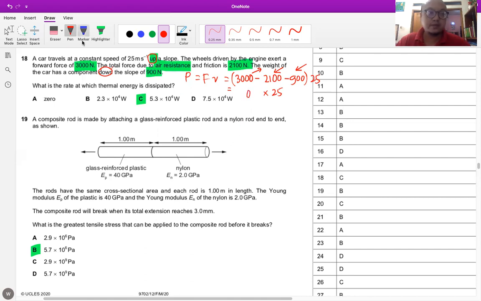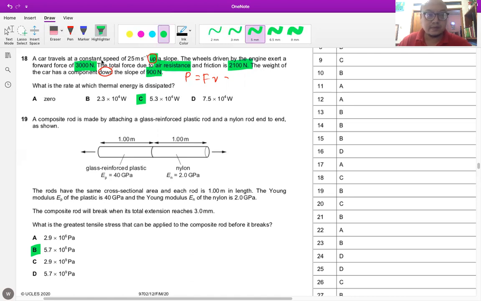No. Oh, sorry. Okay, I am back again with you. This is about the wheel driven by the engine, air resistance and friction. Okay, maybe this one here.